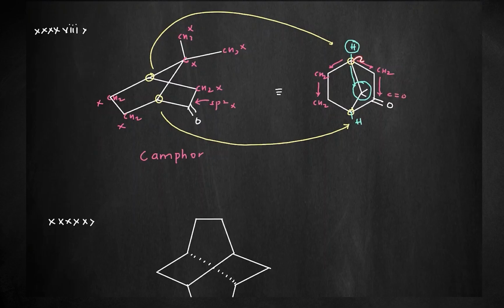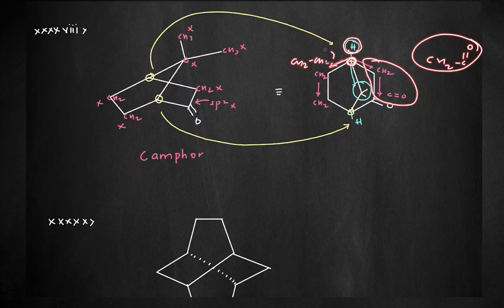That means if you focus only on this carbon, it is attached to hydrogen. On this side, it is attached to CH2, C double bond O. On this side, it is attached to CH2, CH2. And on this side, it is attached to CH3, CH3.